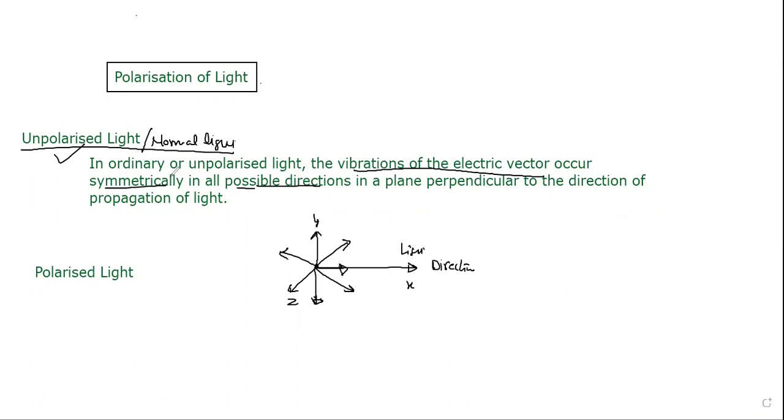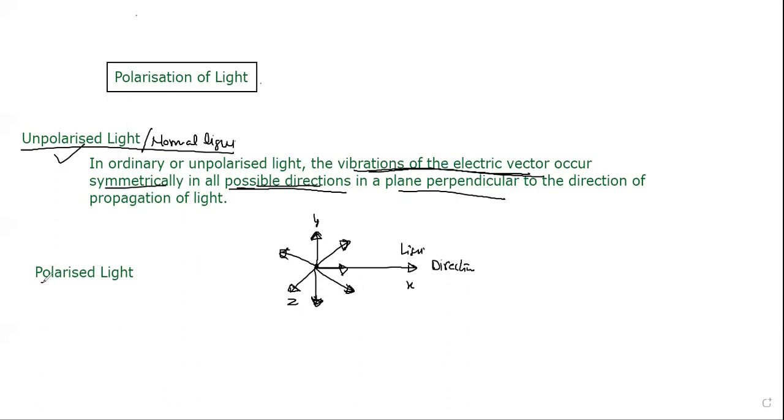Correct. So for ordinary or unpolarized light, the vibrations of the electric vectors occur symmetrically in all possible directions in a plane perpendicular to the direction of the light. Yes, this is an ordinary light.